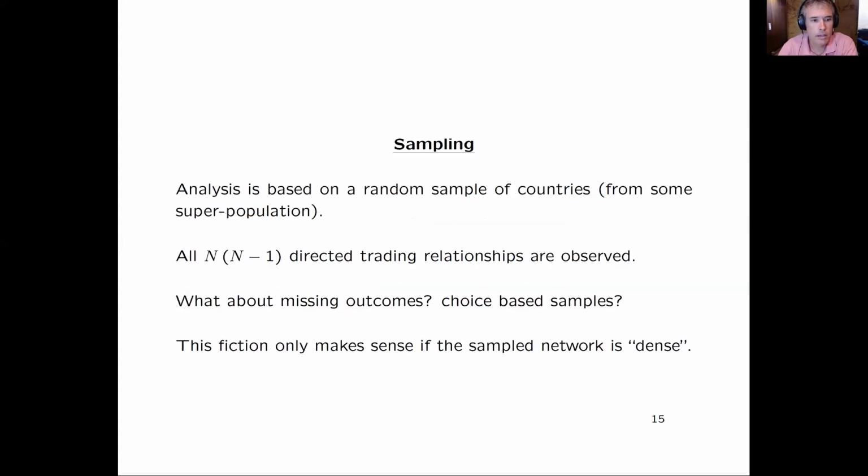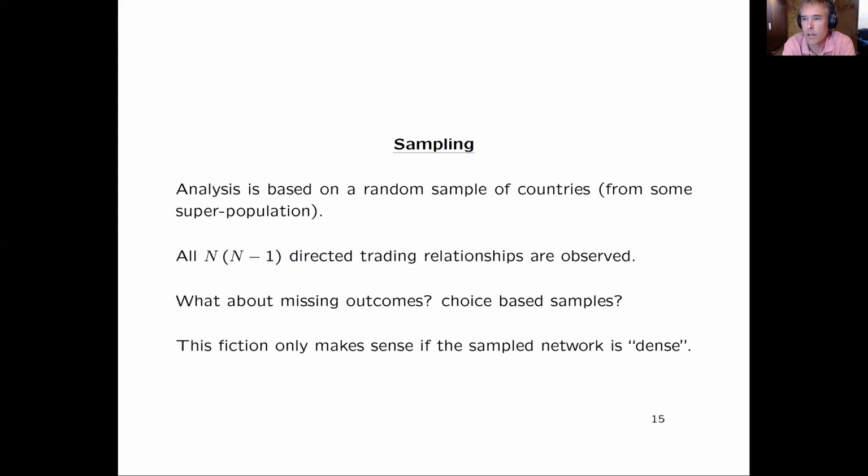And then we're going to imagine we're taking a random sample of countries from some superpopulation, and we're going to observe all 2 times n minus n choose 2 directed trading relationships among them. One thing to very briefly flag is that this fiction only makes sense if the sampled network is dense.